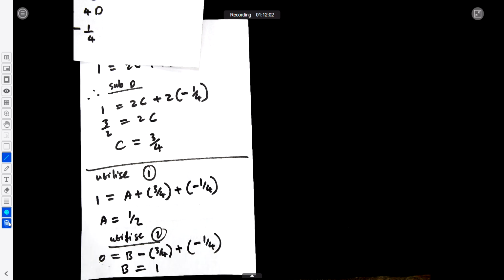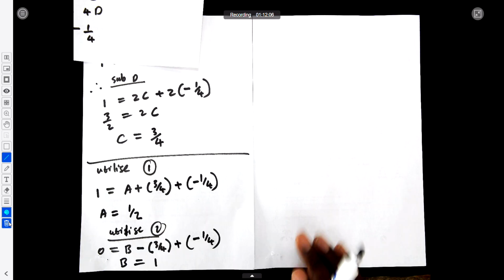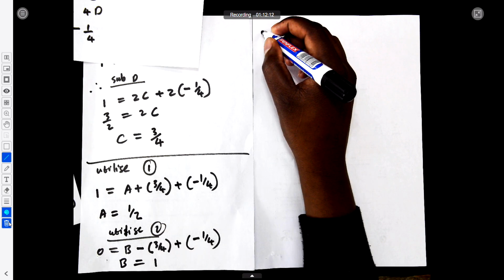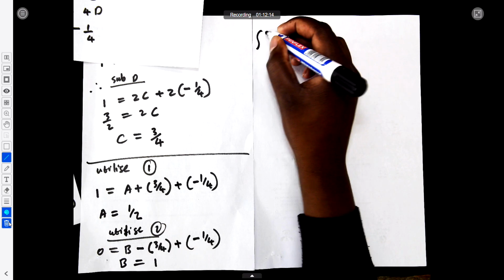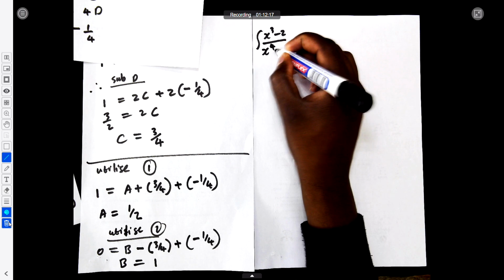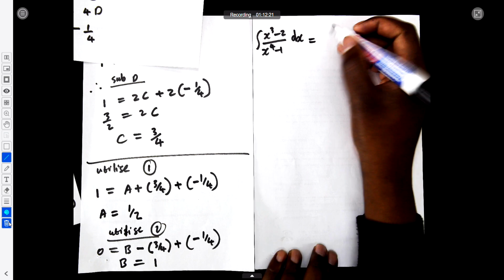So in a blank page, I'm going to state the integral of (x cubed minus 2) all divided by (x to the power 4 minus 1) dx, written in partial fractions.